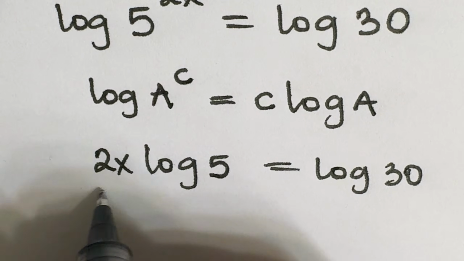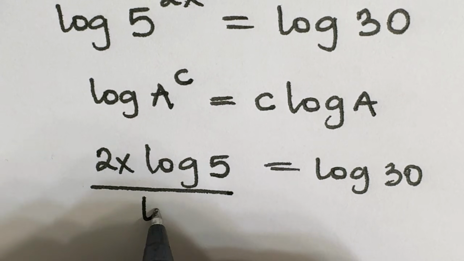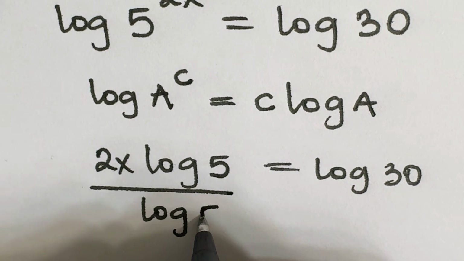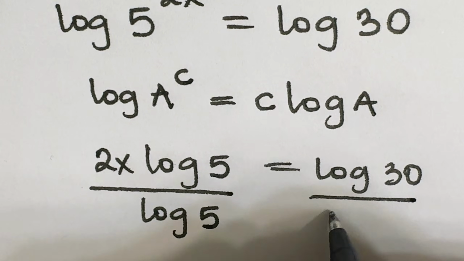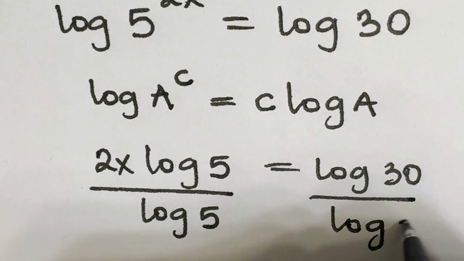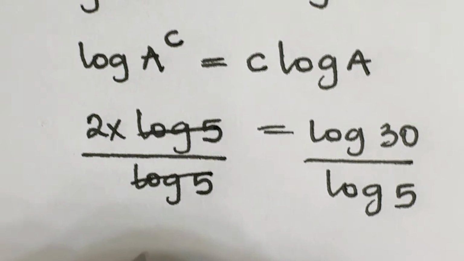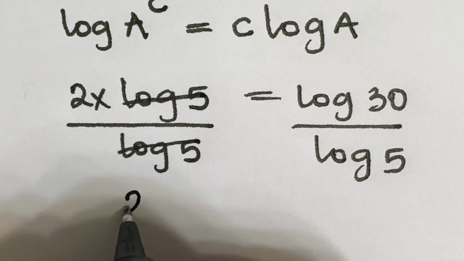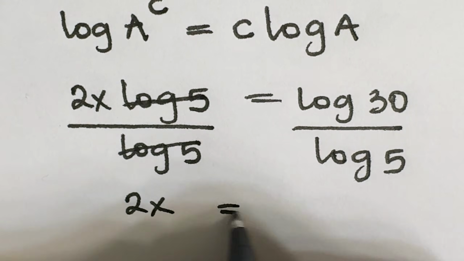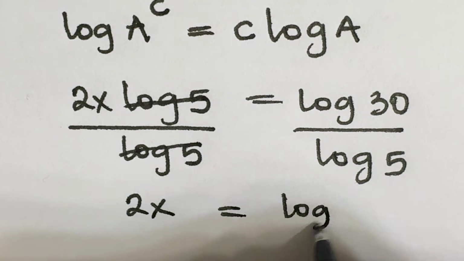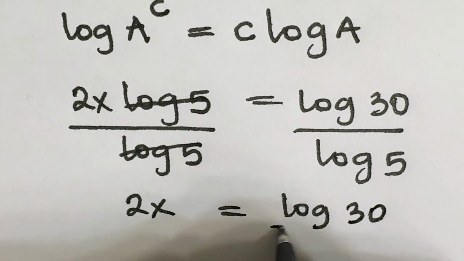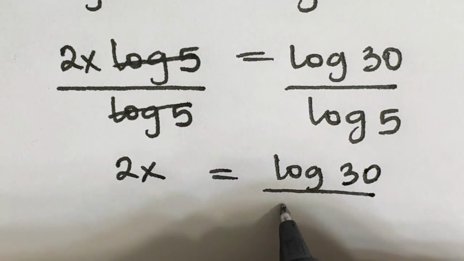I can divide both sides by log 5. So that log 5 cancels log 5 here, giving us 2x is equal to log 30 divided by log 5.